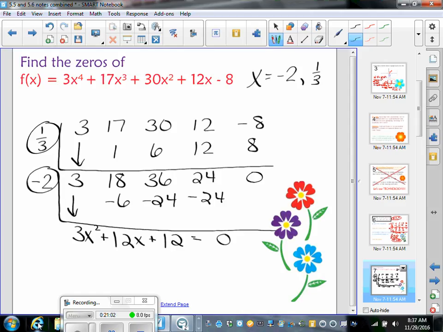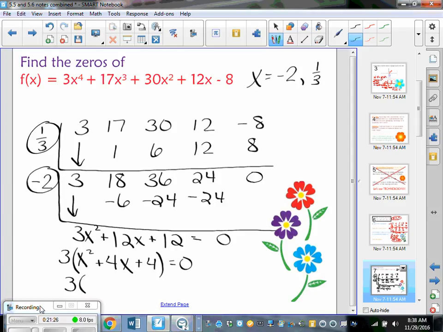All right, how do I factor this? What's the first thing you want to do? 3 is a common factor. Take out a 3. GCF. So we have x squared plus 4x plus 4.